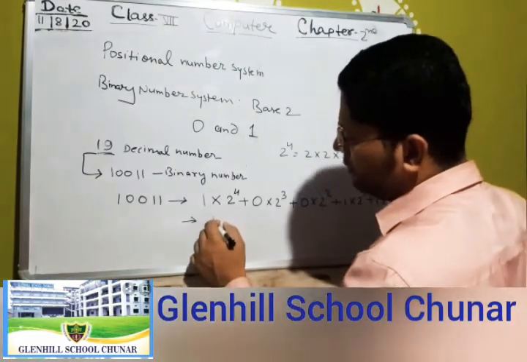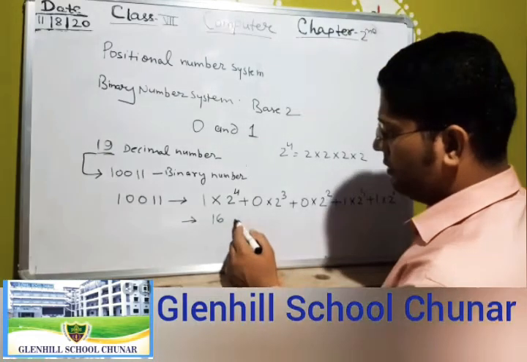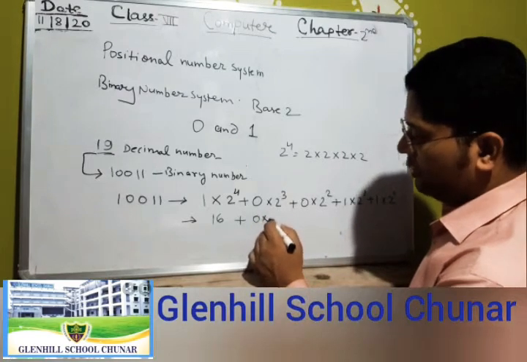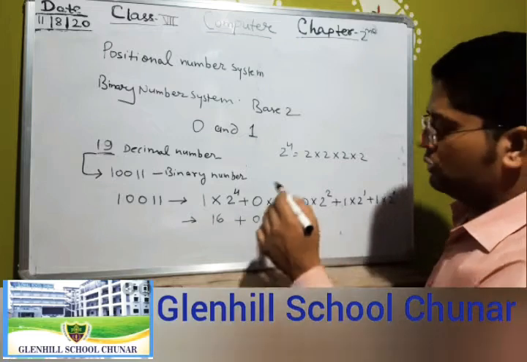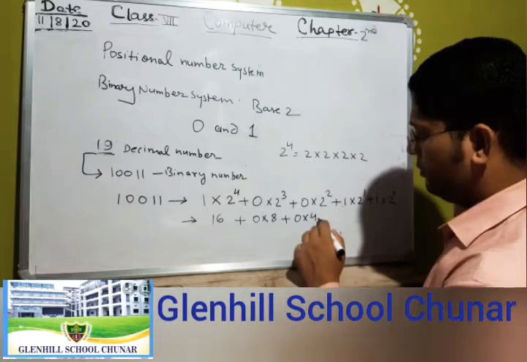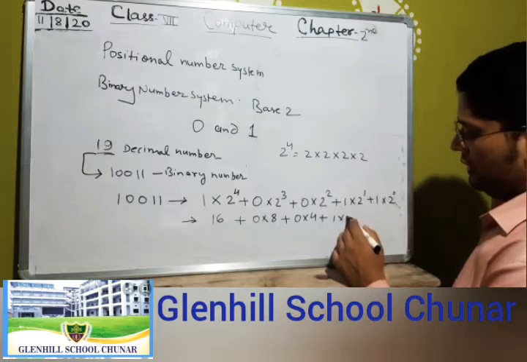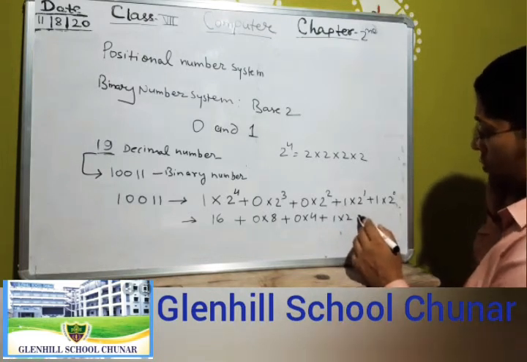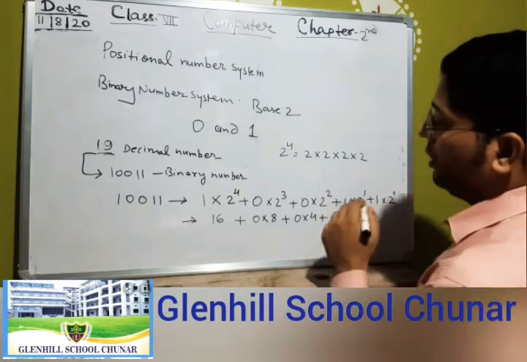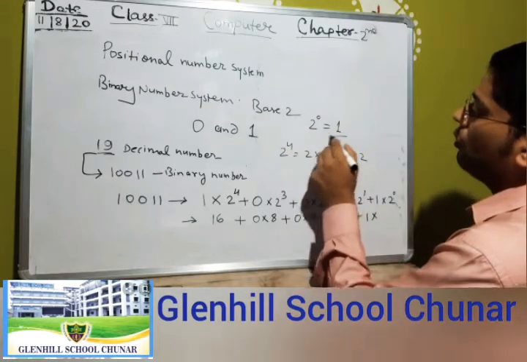So you will write here 16. Plus 0 into 8, plus 0 into 4, plus 1 into 2, since 2 power 1 is equal to 2, and plus 1 into 1. Why? Because 2 power 0 is equal to 1.